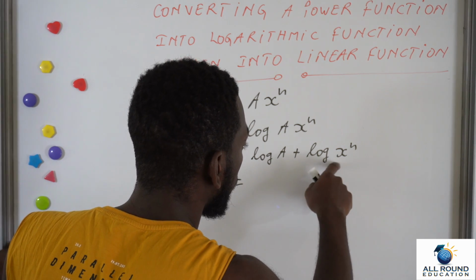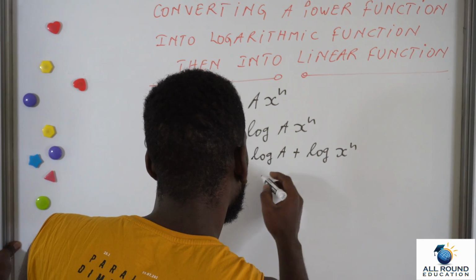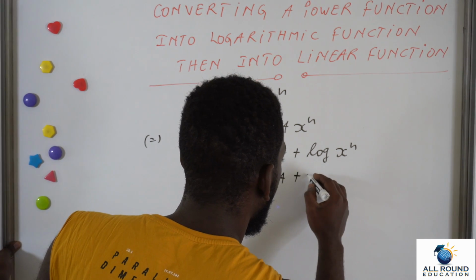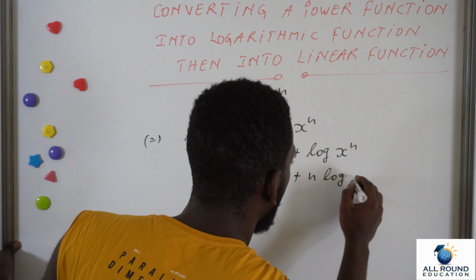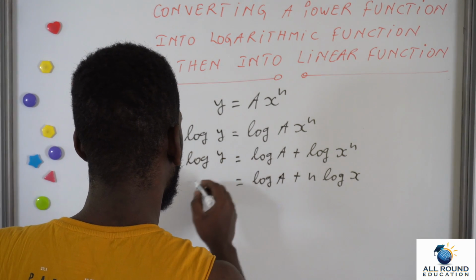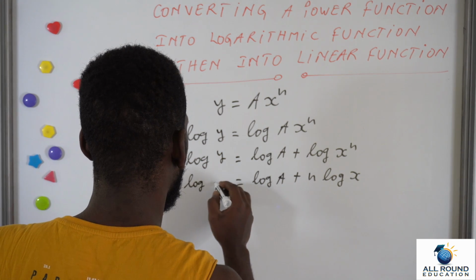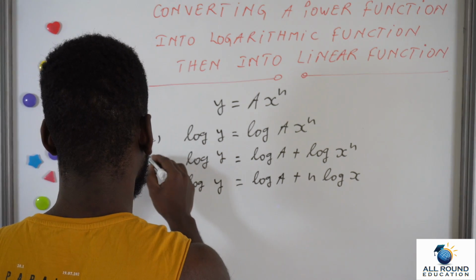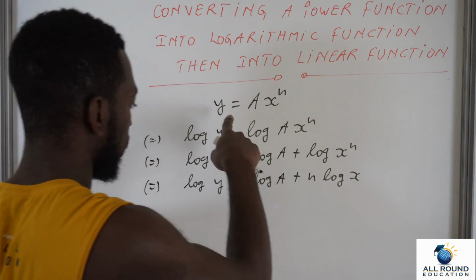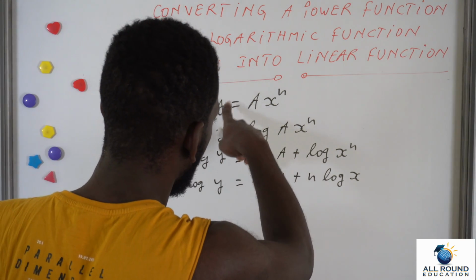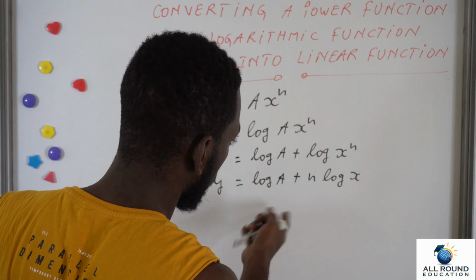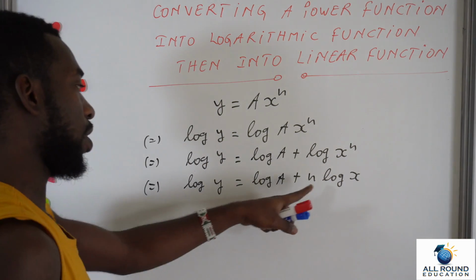So we have log a plus n log x, and on the left hand side you have log y. So here I have transformed this power function into a log function.